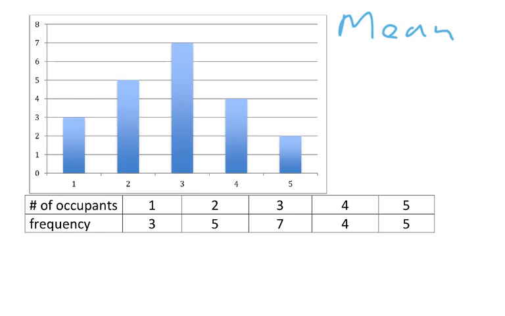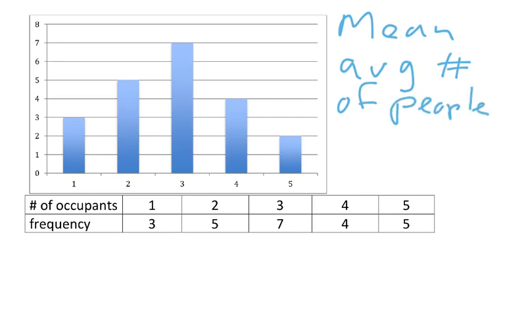So if the data represents numbers of occupants in the units, and the frequency means numbers of units, then what the mean is asking for in words is the average number of people, I'm using that word instead of occupants just because it's shorter, per unit.